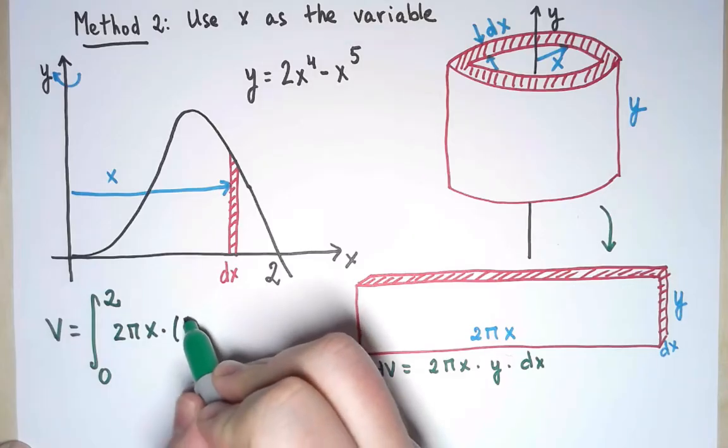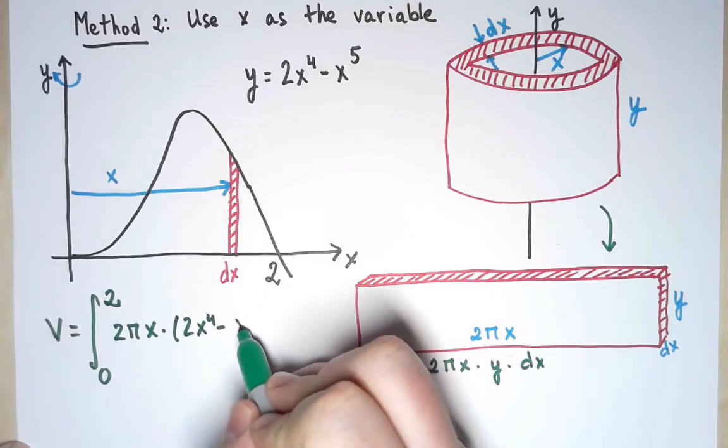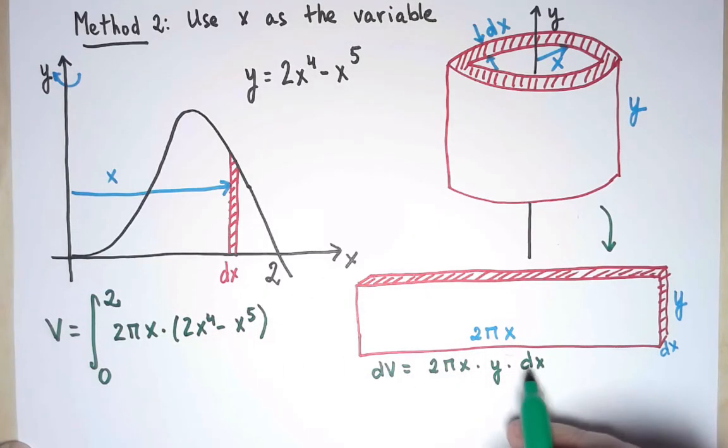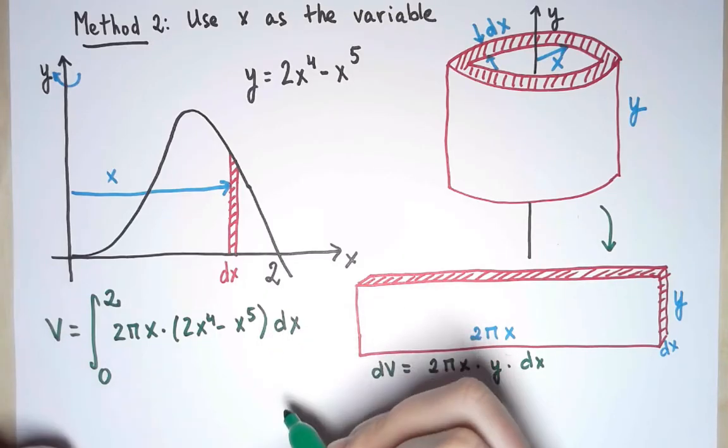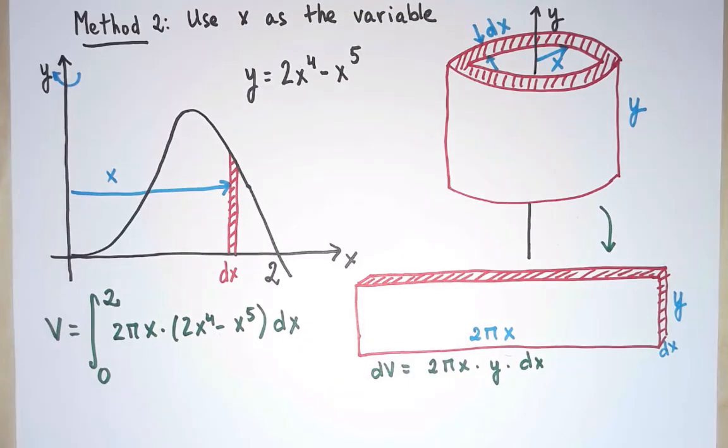So I put 2x to the 4th minus x to the 5th times dx. Success! I've managed to set my volume as an integral. Everything is written in terms of x only, and x is the variable of integration. We can complete the calculation from here.